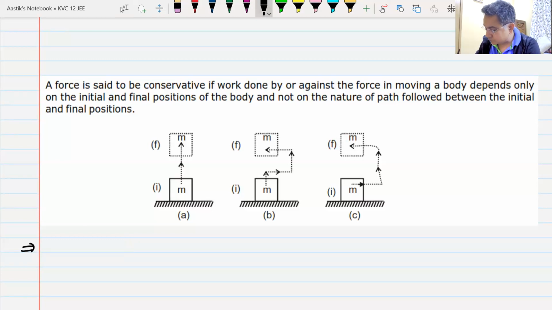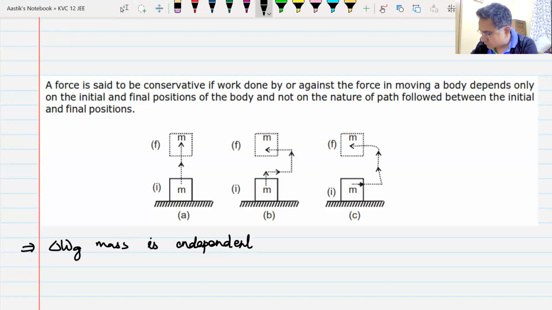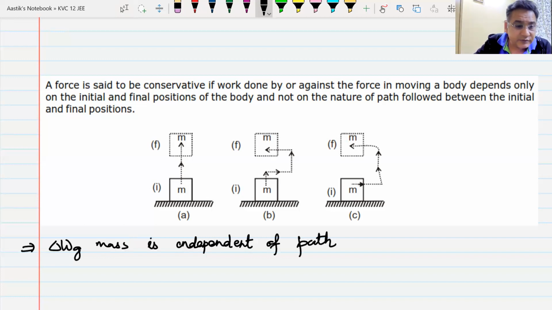Work done by gravitational force in moving a mass is independent of path. Similarly, work done by electrostatic force in moving a charge will be independent of the path in which it is moved.